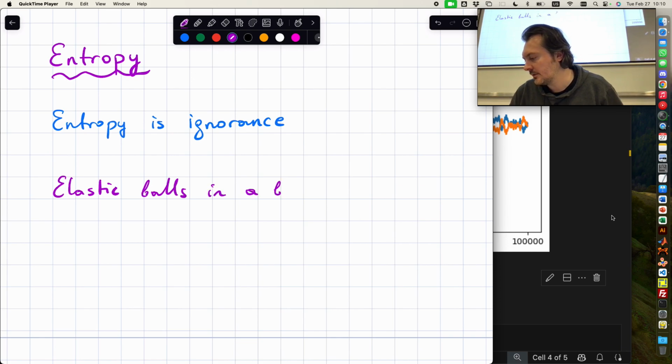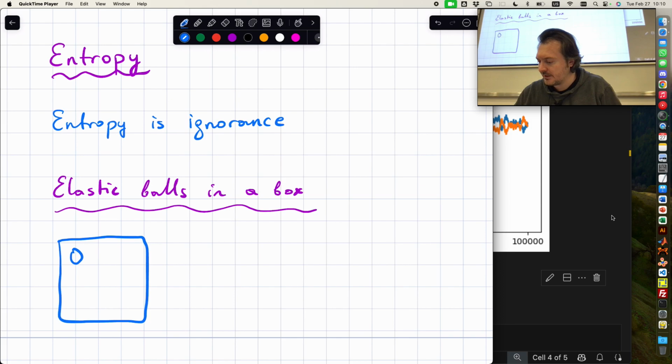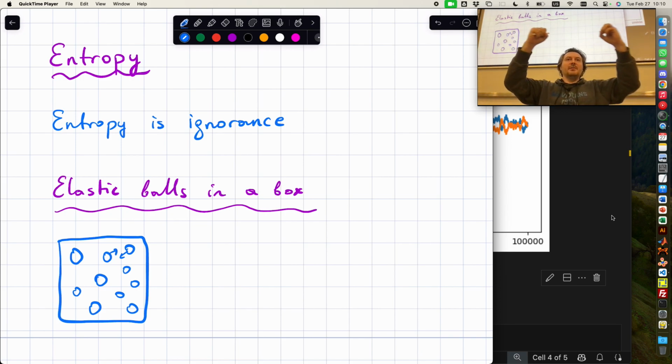In a box. So what's happening here? You have a bunch of perfectly elastic balls inside the box. They are all equal size. Don't mind me plotting them differently. They hit each other. So every time they hit each other, this one had E1 kinetic energy, this one had E2.